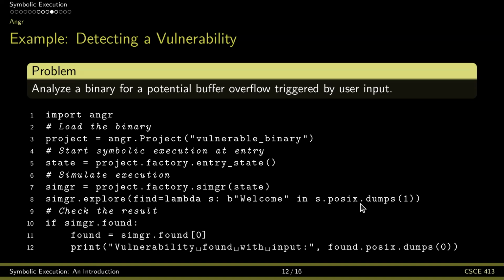I know the output because there is the POSIX dump here, and then we have the one. So if you know the file descriptors in Linux, you know that 0 is the standard input, 1 is the standard output, and 2 is standard error. So basically, this code is checking if there is the welcome string in the descriptor 1 output.